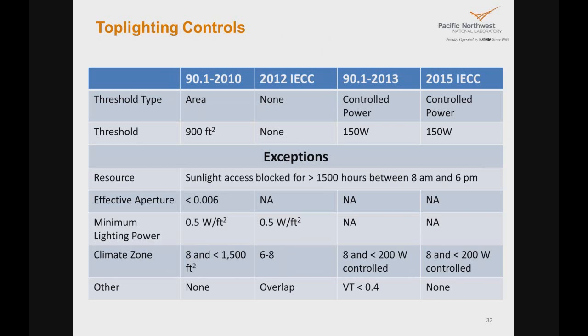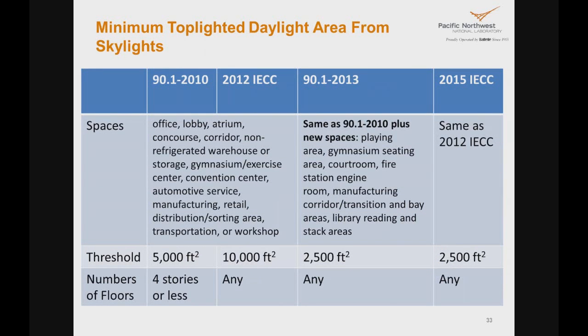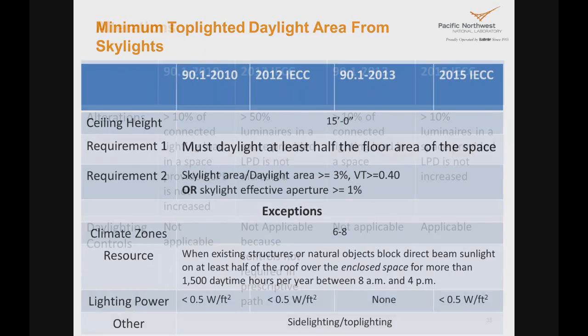But I would suggest looking at the requirements in detail, because there are certain exceptions and certain other requirements too. There is also something called the haze value that applies to skylights. I don't think I have it here.